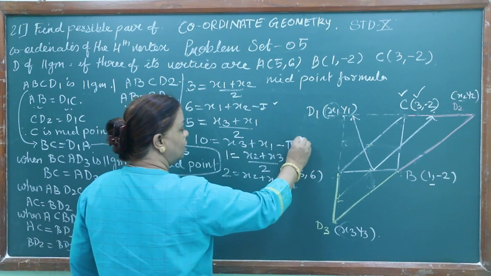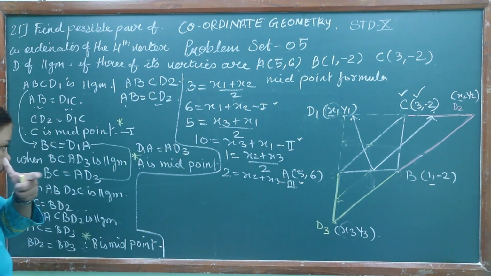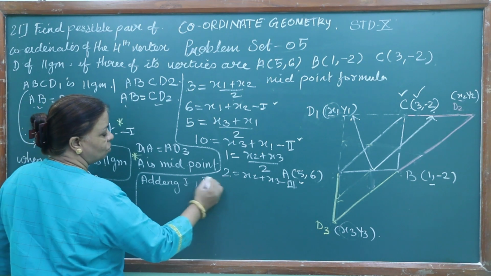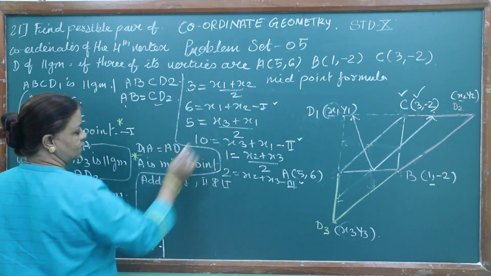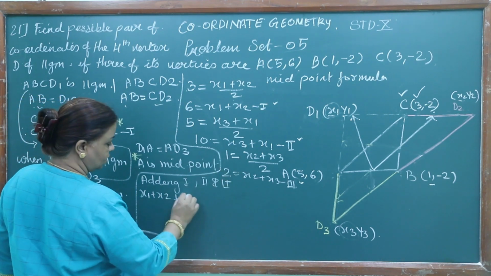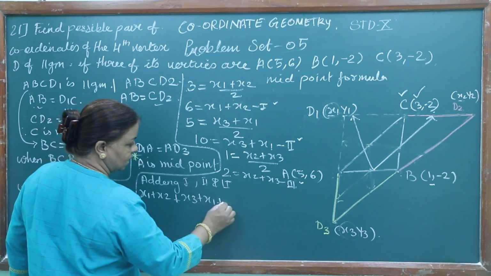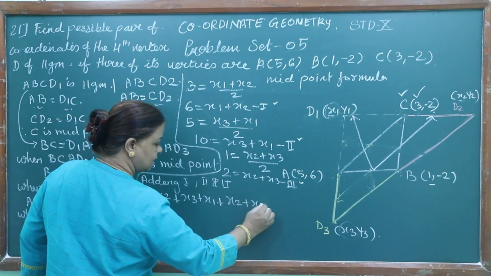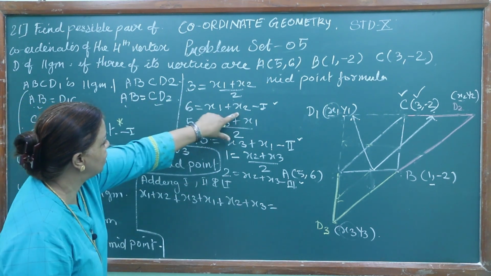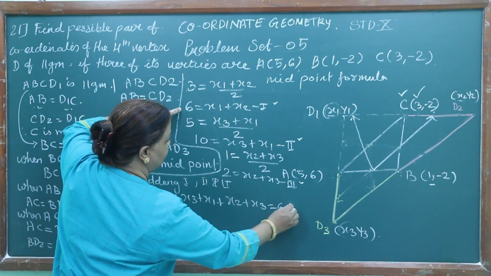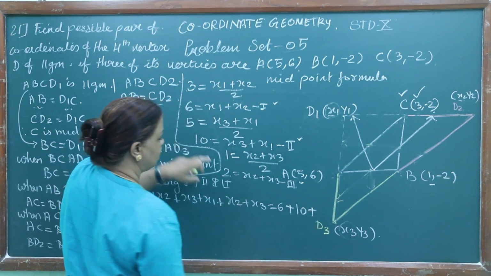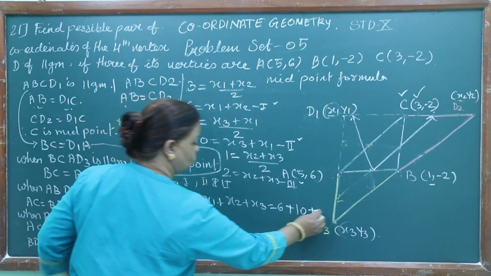Now I will be adding 1, 2 and 3. So by adding 1, 2 and 3, what do I get? See, x1 plus x2 plus x3 plus x1 plus x2 plus x3 is equal to, on the left side I added all. Now on the right, x1 plus x2 is how much? 6. So 6 plus x3 plus x1 is how much? 10. 10 plus x2 plus x3 is how much? 2.